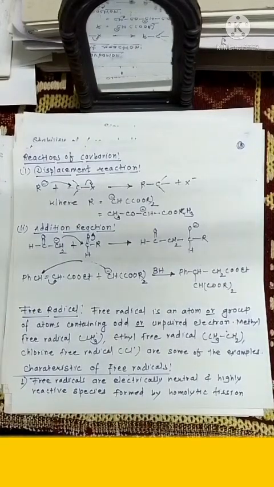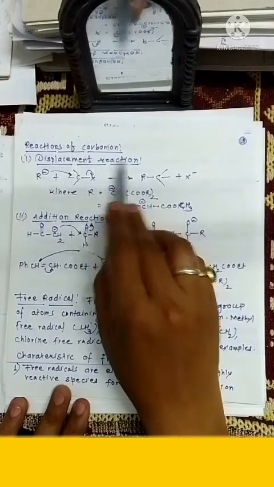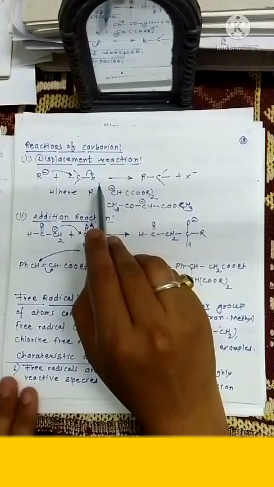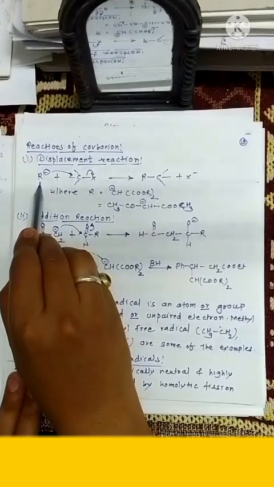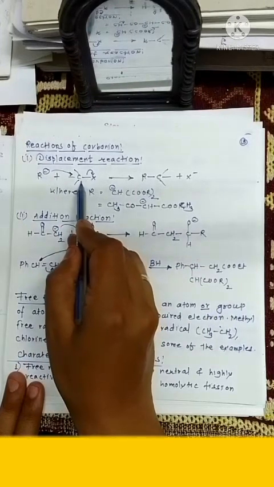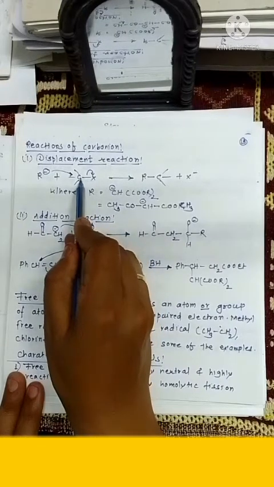Now we are going to see reactions of carbanion. First reaction is a displacement type of reaction. So just see, this carbanion attacks this carbon.